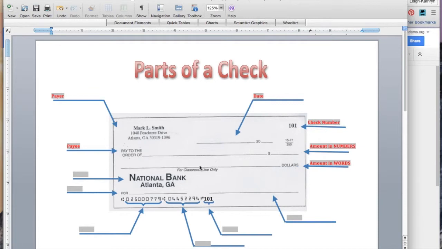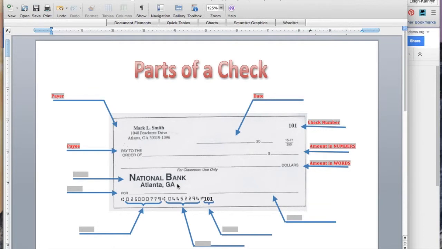Notice it says dollars, so to say $10.75 dollars, grammatically that's just awful. Another way that banks will accept this to be written out is 10 and 75 slash 100, 75 cents out of a dollar. That is the other acceptable way.